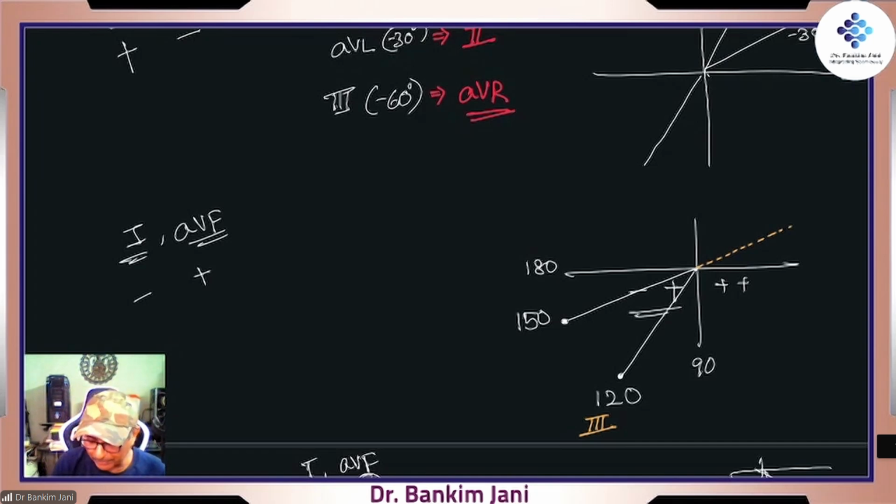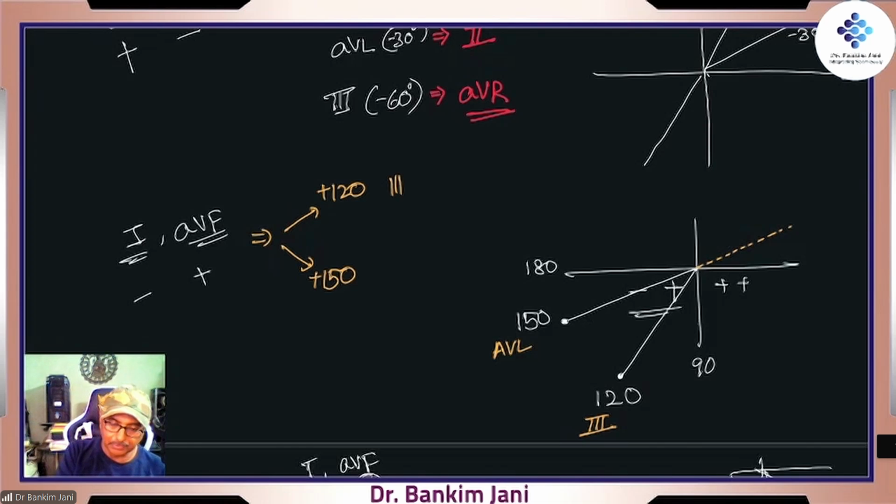So we have got AVL over here. So this is done. So now we have got 120 and 150, and leads are 3 and AVL.